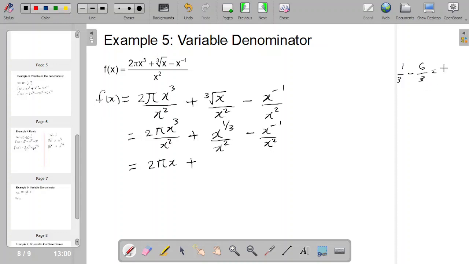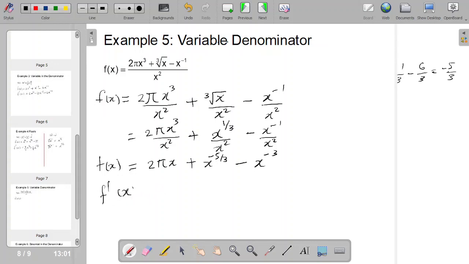So this becomes minus 5 over 3. You can also just do that with your calculator. So you'll have x to the power minus 5 over 3 minus, here you have x to the minus 1 minus 2, so that would be x to the power minus 3. And now you are ready to find your derivative.